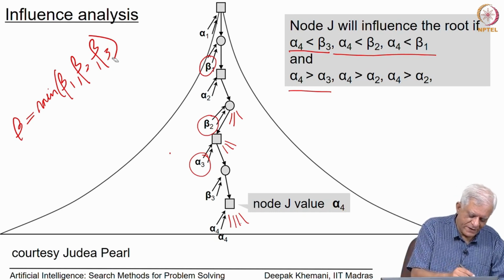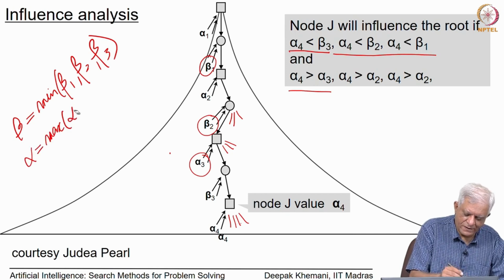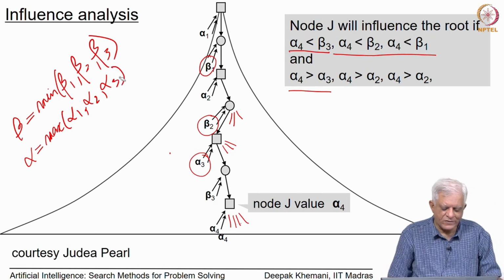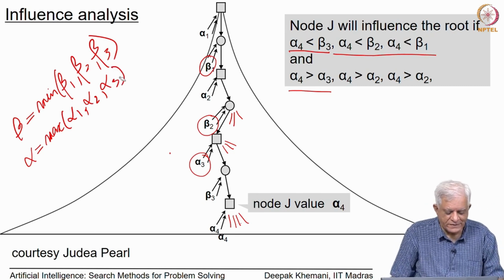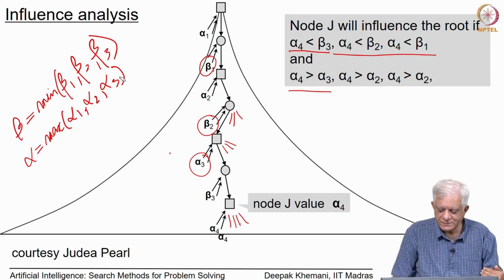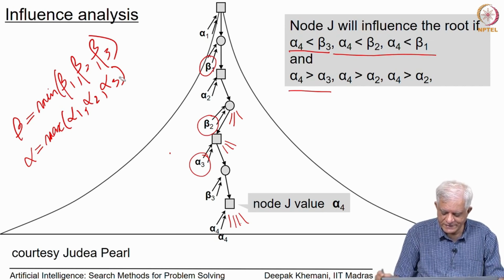Likewise, we can propagate a value alpha, which is the max of alpha 1 and all the ancestors essentially, and only if the value is higher than this alpha, we should continue to explore this node j.